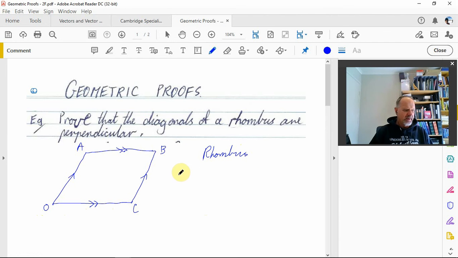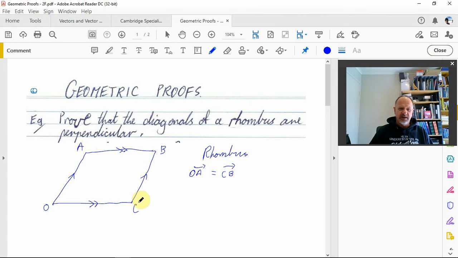So what do we know about a rhombus is that these two sides here, OA and CB, they're parallel. So in terms of a vector, they're in the same direction. But not only are they parallel, they're also the same length.